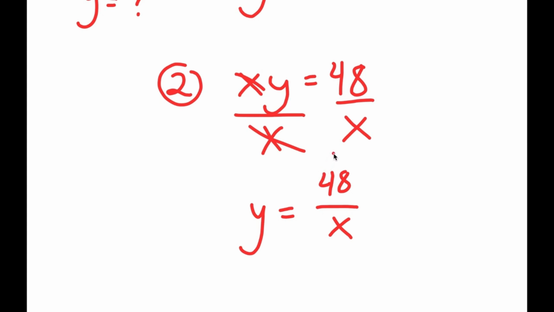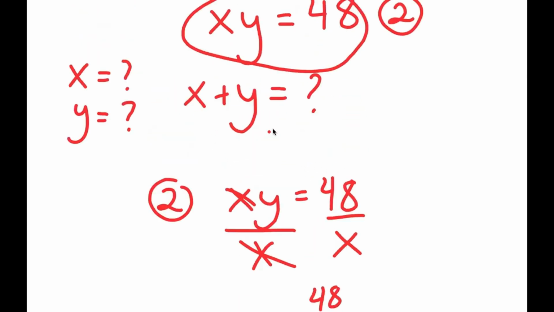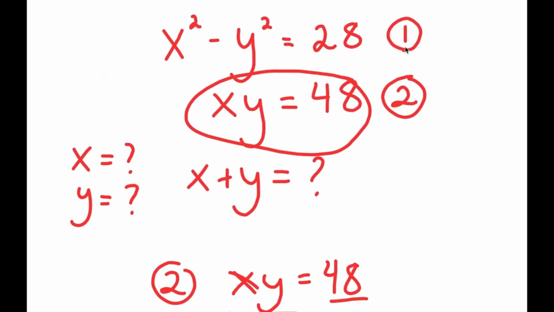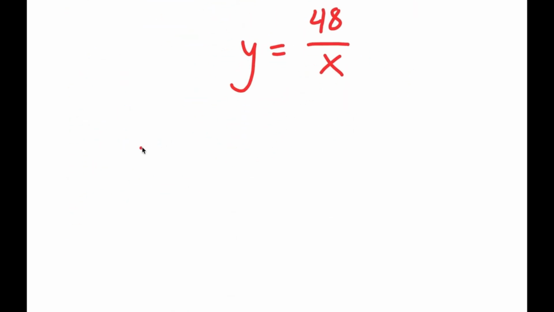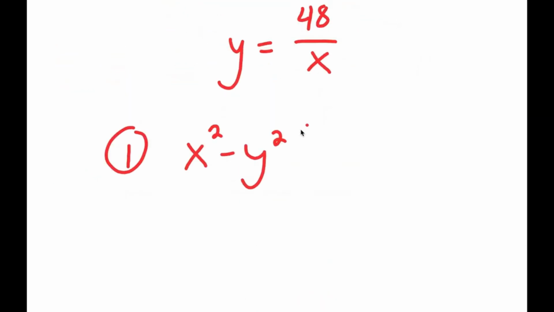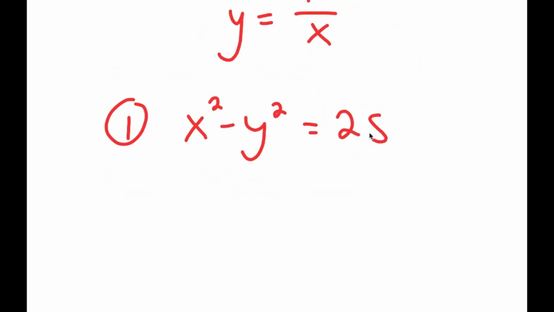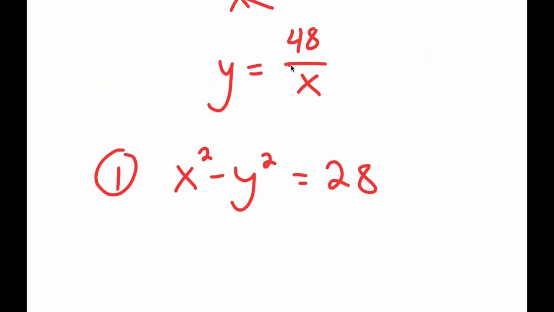Now, using this equation, I can plug this back into equation 1. Equation 1 is x squared minus y squared is equal to 28. Here we got y is equal to 48 over x.